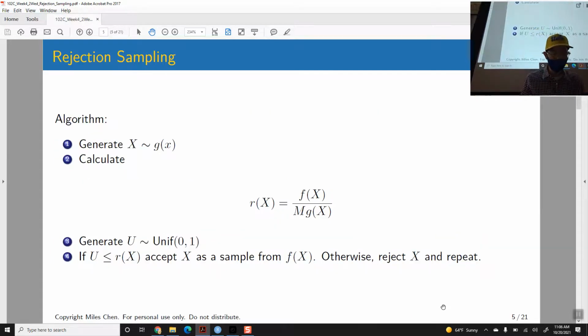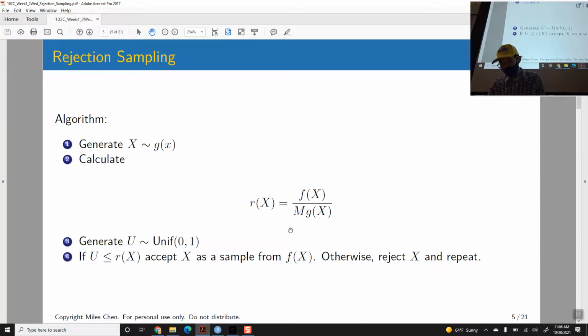Okay, and so the way rejection sampling works is you generate values from g, and then you calculate this acceptance ratio, which is f of x divided by m times g of x. This gives you a value between 0 and 1.